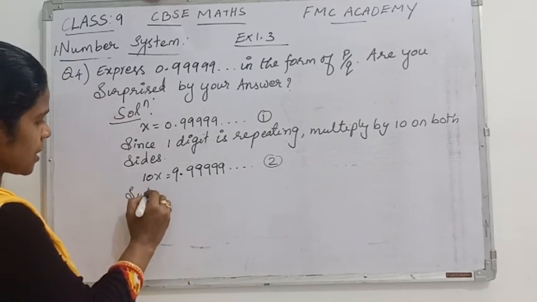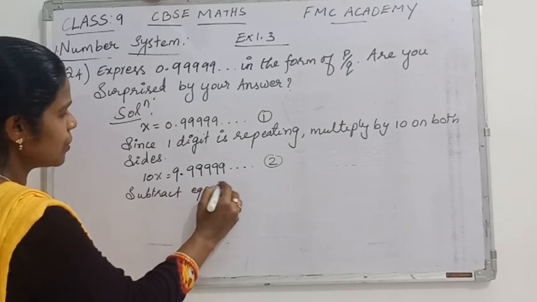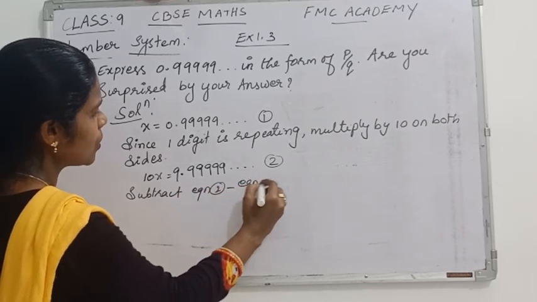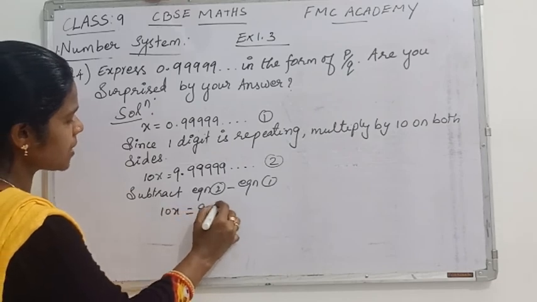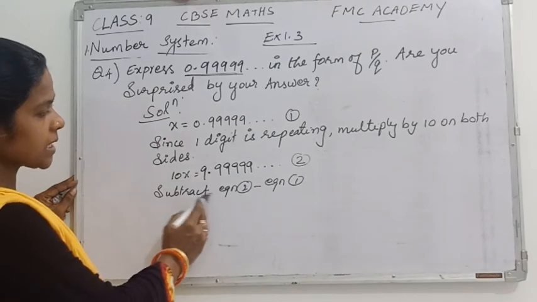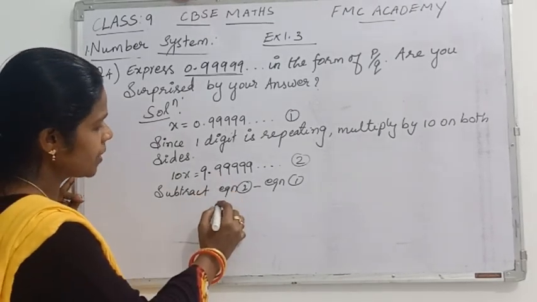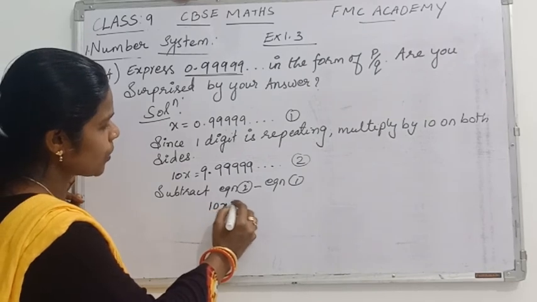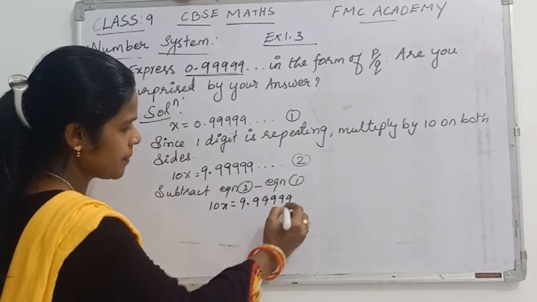Subtract both the equations now, equation 2 minus equation 1. First let us write down equation number 2: 10x is equal to 9.9999.